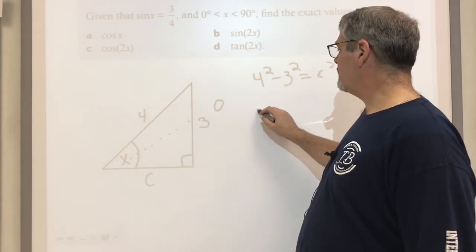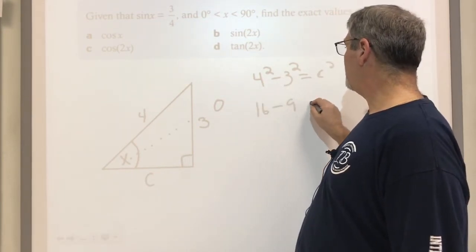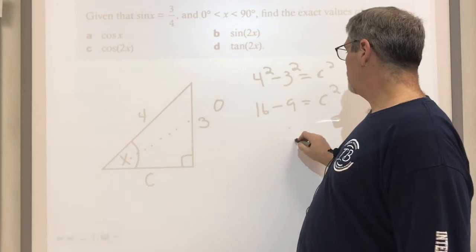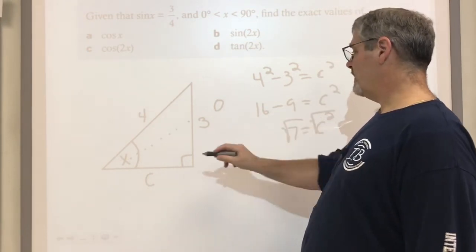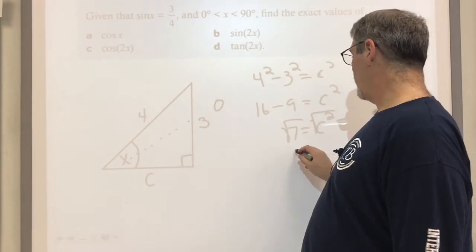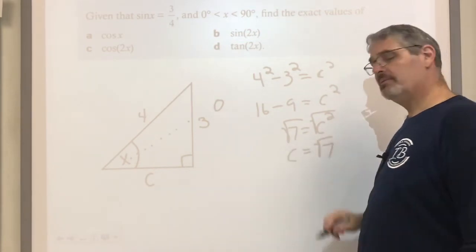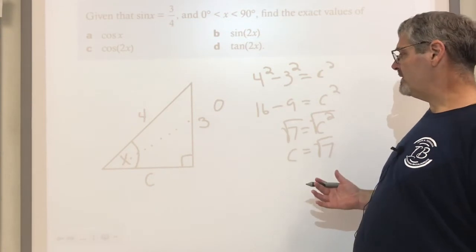So I get 16 minus 9 is equal to c squared. 7 is equal to c squared. So c, or this side, is equal to the square root of 7. Make sense? Hopefully it does.